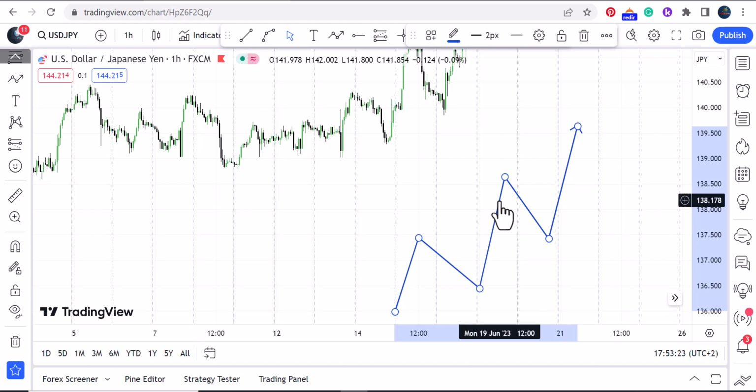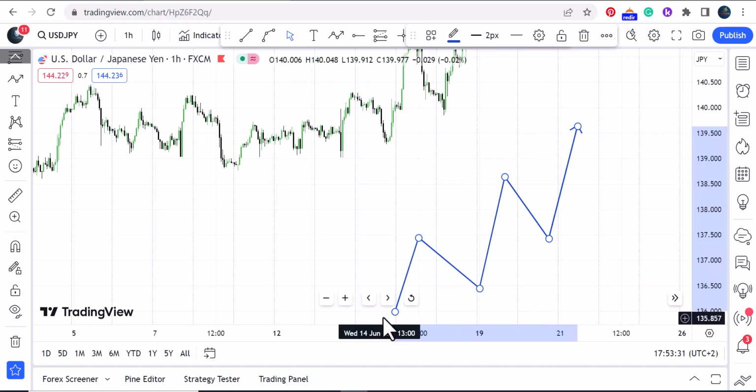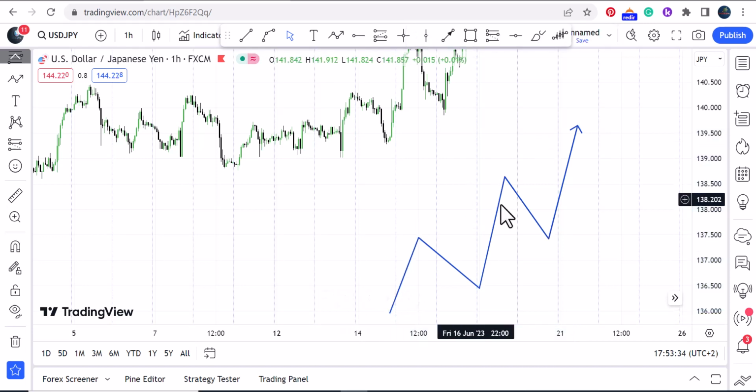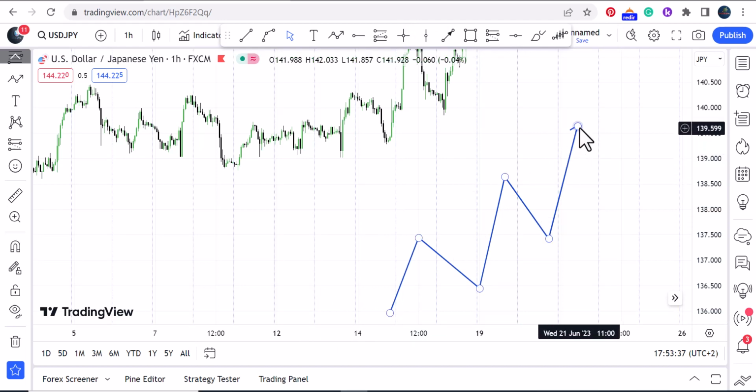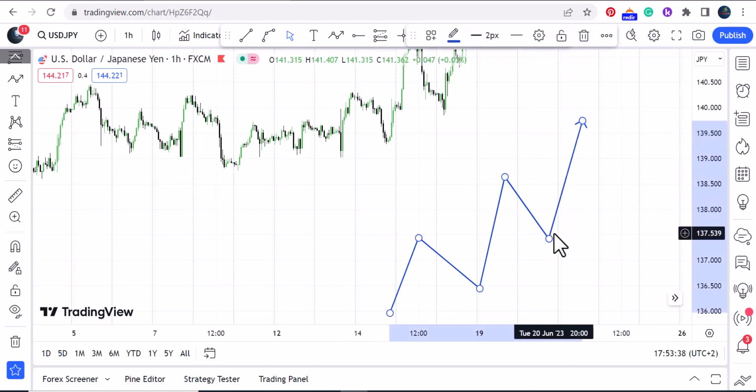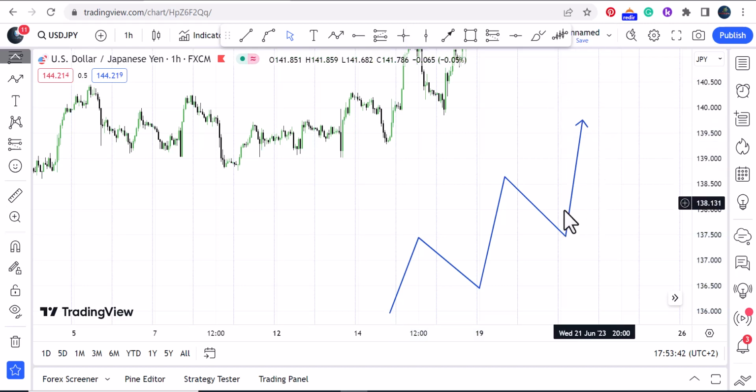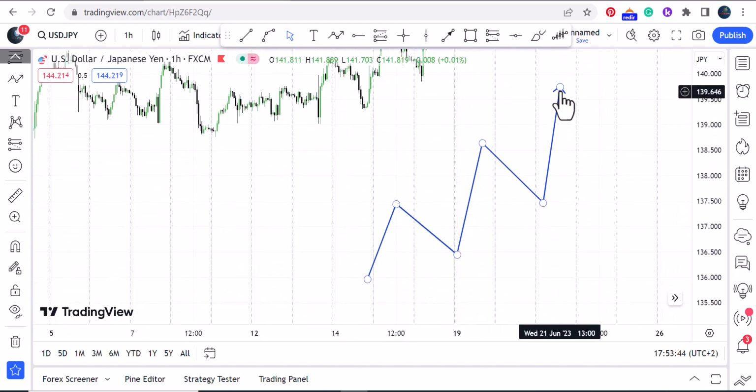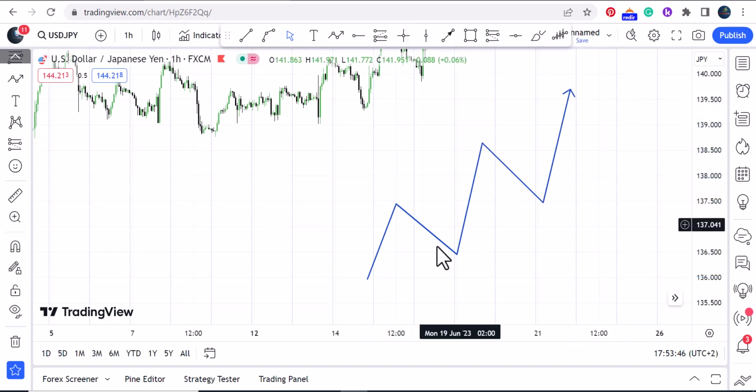They even have names and all of that stuff, right? What I'm going to teach you is a very simple version of market structure, if I can call it that, and you are going to use this to get your trades.